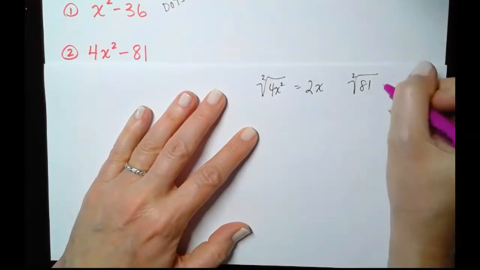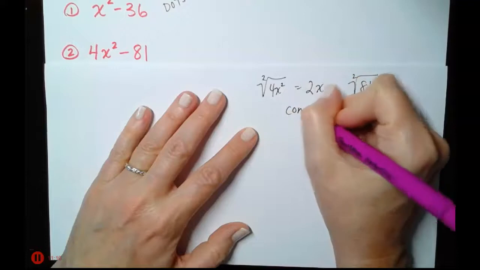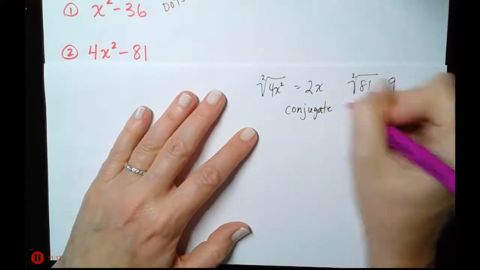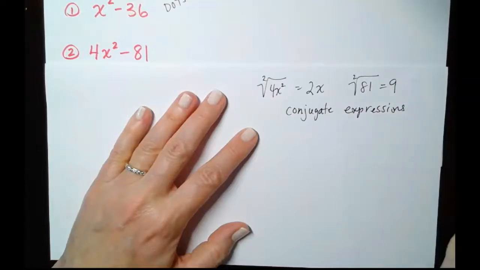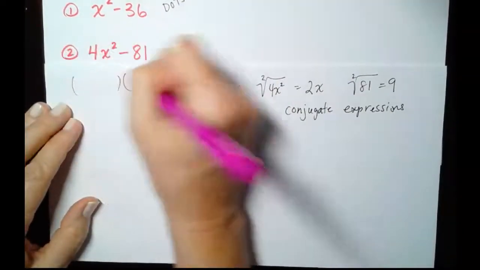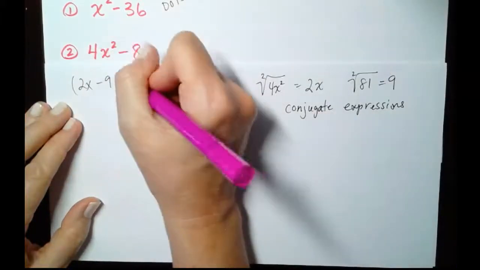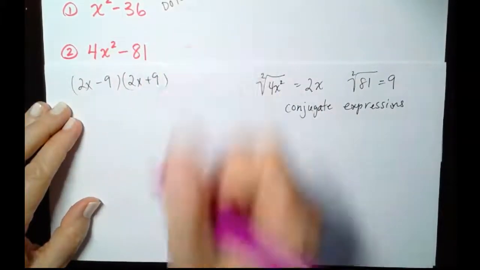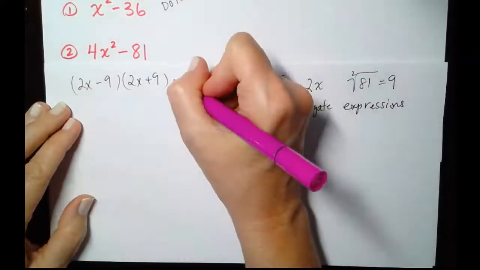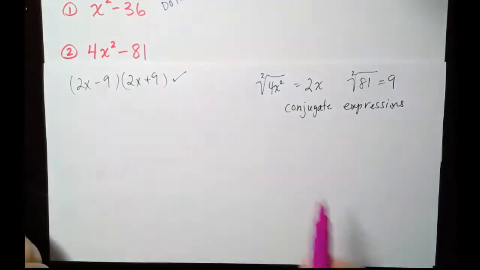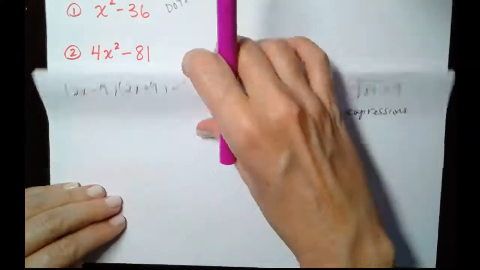The square root of 81 is 9. We are going to make conjugate expressions out of those square roots. So 2x minus 9, 2x plus 9. 2x minus 9, 2x plus 9 are the conjugate factors of 4x squared minus 81.